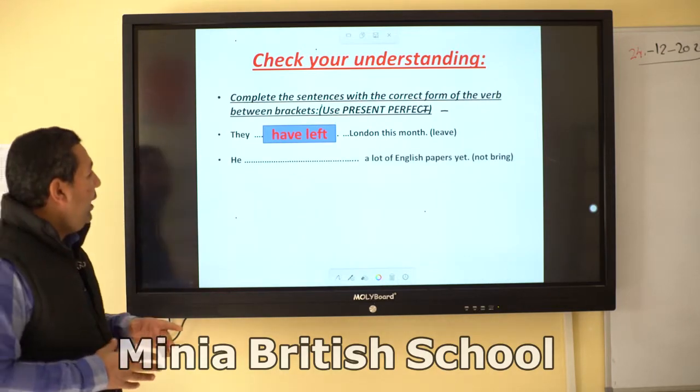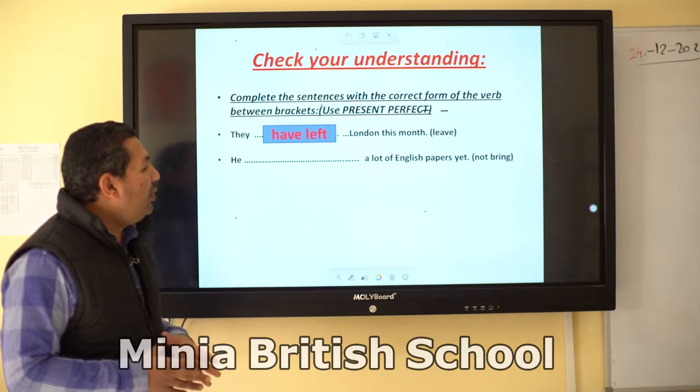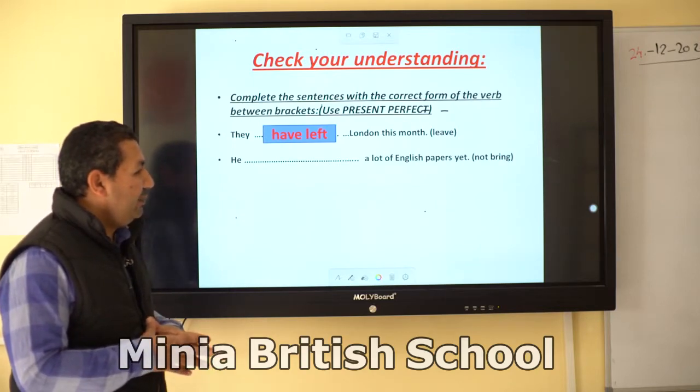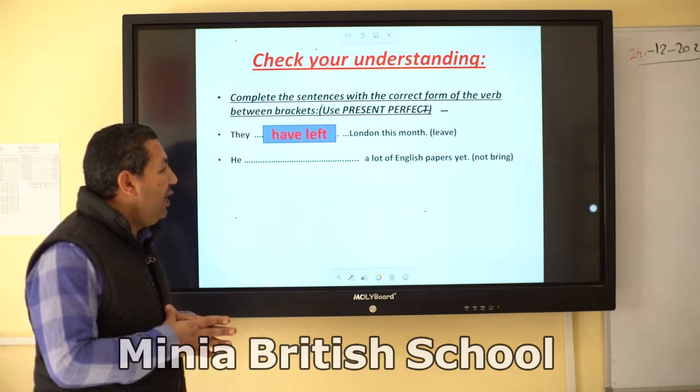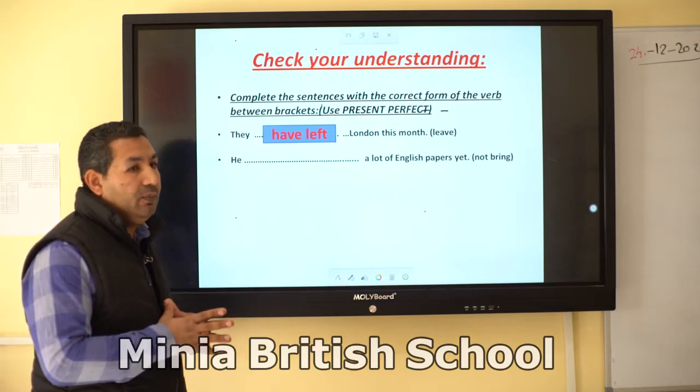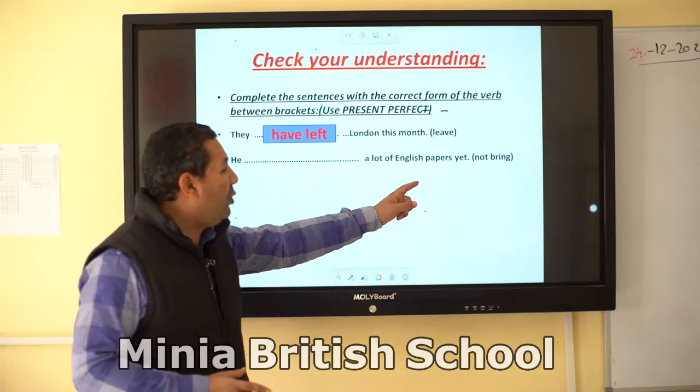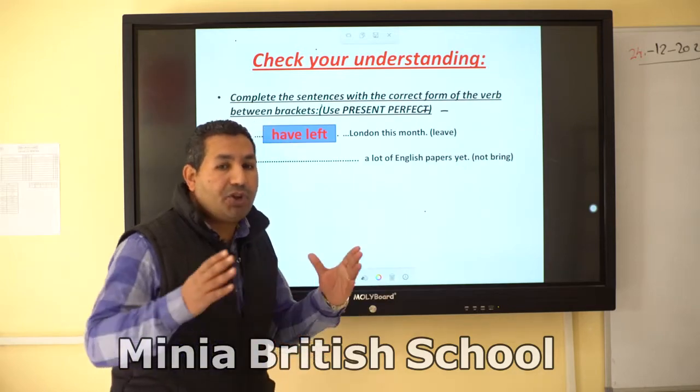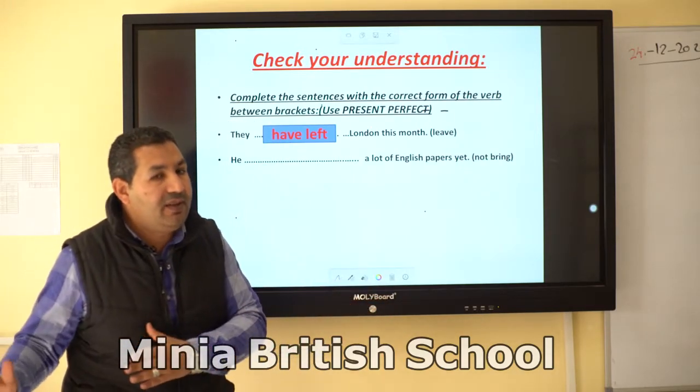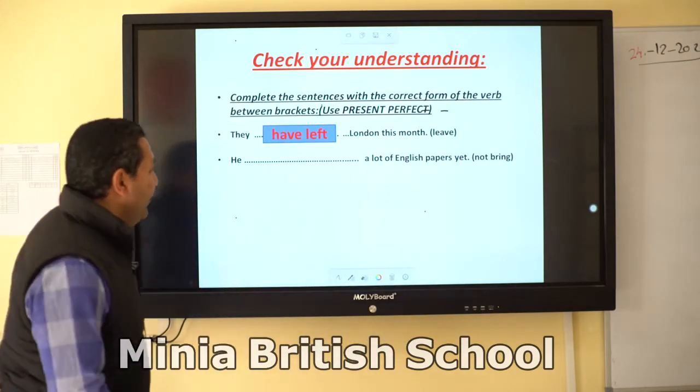Number 2, he, space, a lot of English papers yet. We want to use the verb bring but in negative form. Of course it's in negative form because we have yet, which always comes with negative sentences or questions.